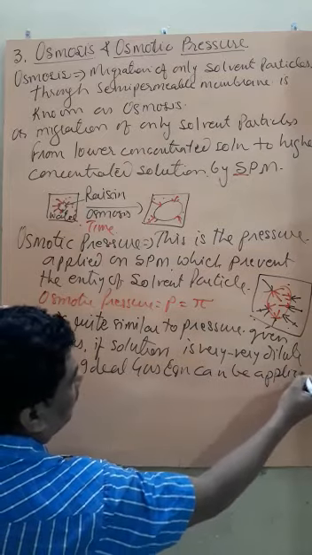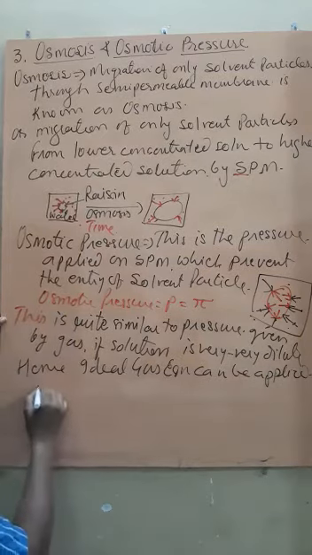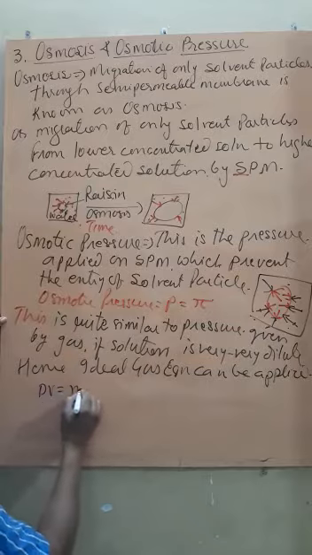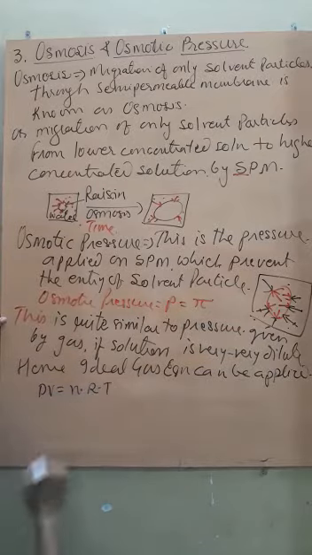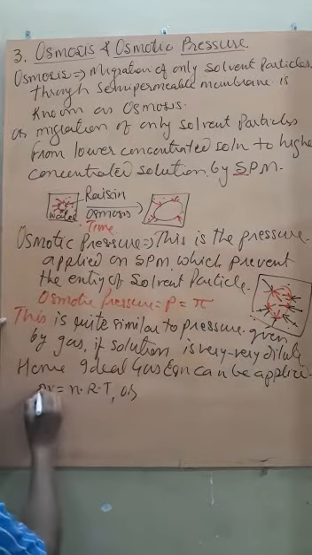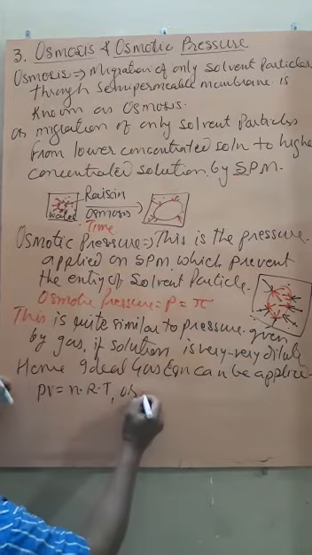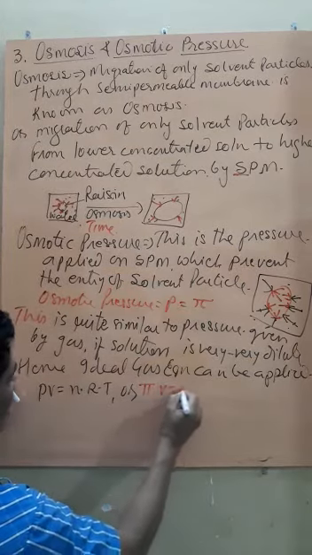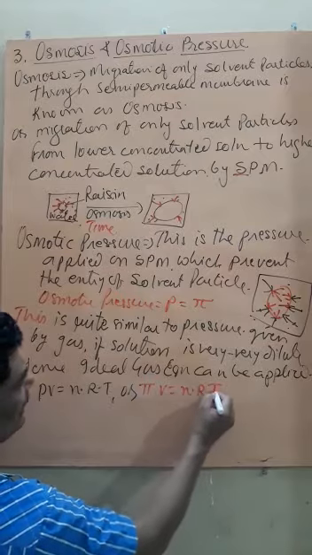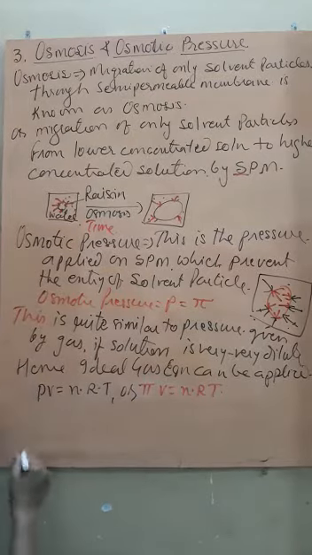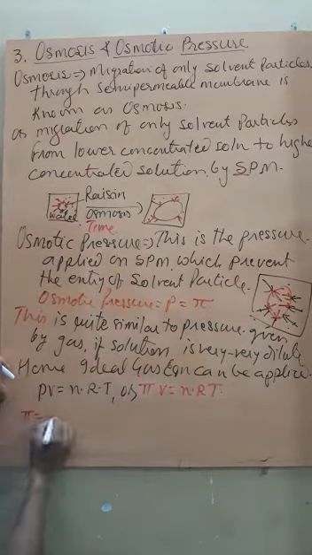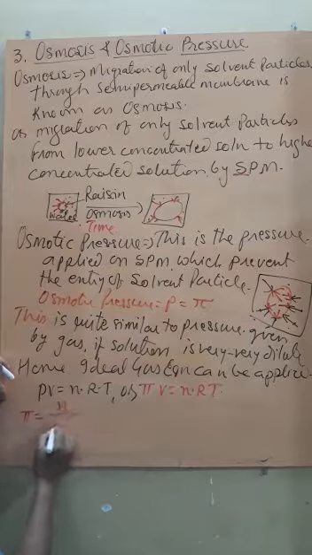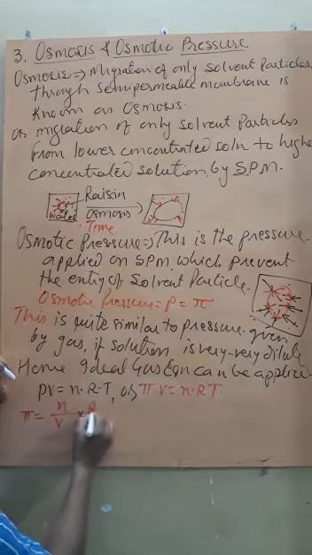Now what is the ideal gas equation? This is PV is equal to nRT, or we can write here, in place of P, pi into V is equal to nRT. Or you can write pi is equal to n by V into RT.